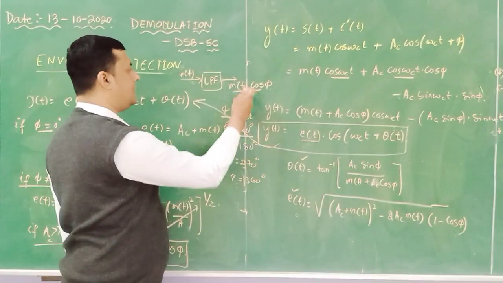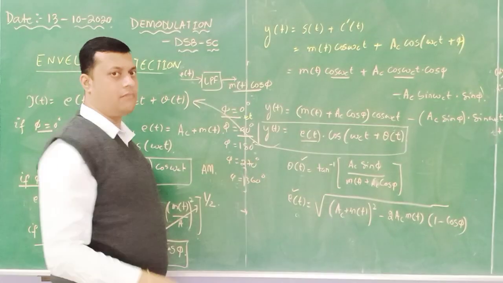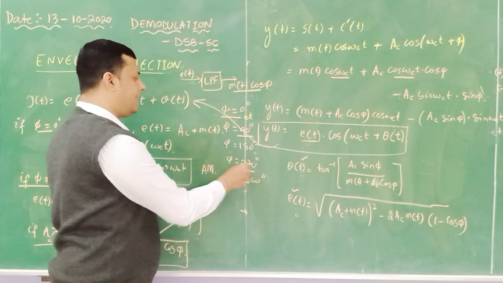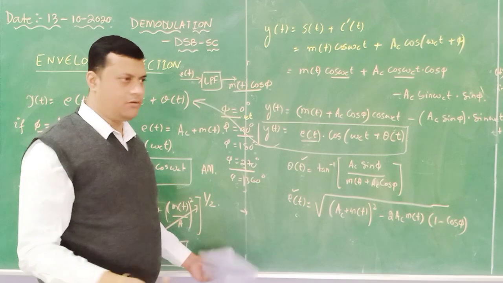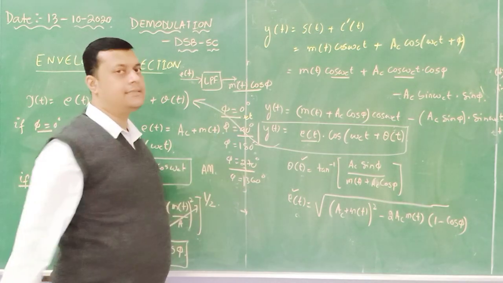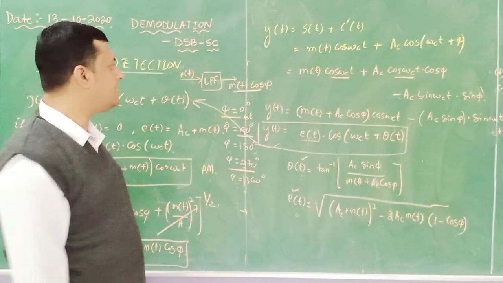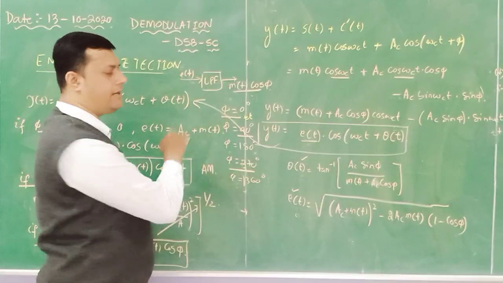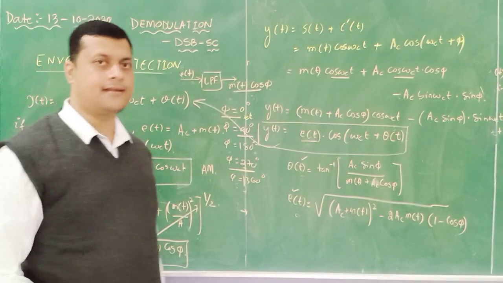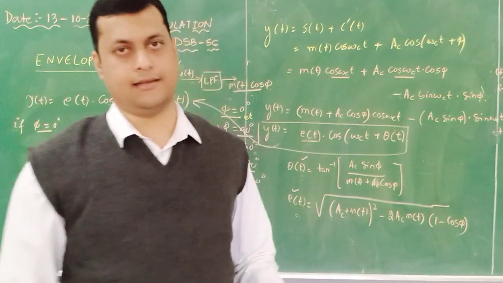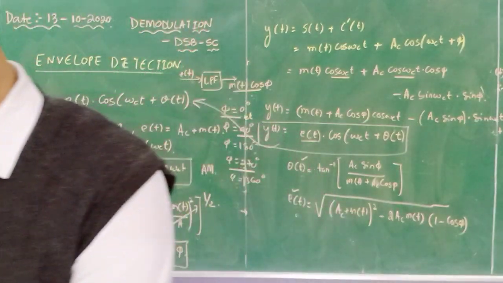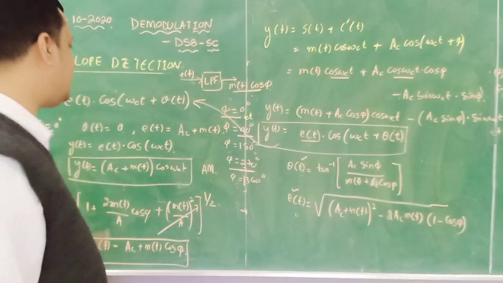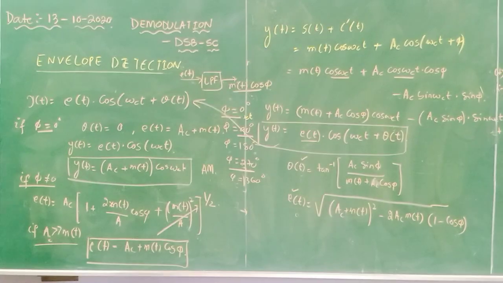If it is 90, 0. If it is 180, you will get minus m of t. Again, if it is 270, 0. If it is 360, again we will receive m of t. So this is the logic behind envelope detection to extract the modulating signal. So this is about DSB-SC demodulation.